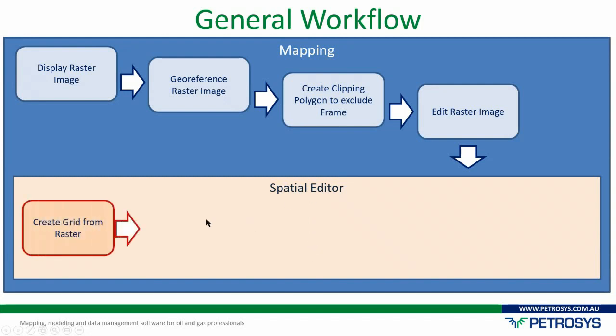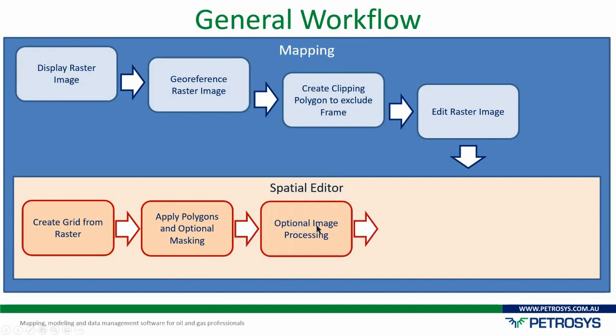Within the spatial editor, there's an option called create grid from raster. And there's also one which is extract vector from raster. You invoke that option, as Eric's going to show you shortly. It brings up another panel in which you can do various operations. For example, you can do further polygon clipping of your image. You can mask the image to remove more extraneous information.